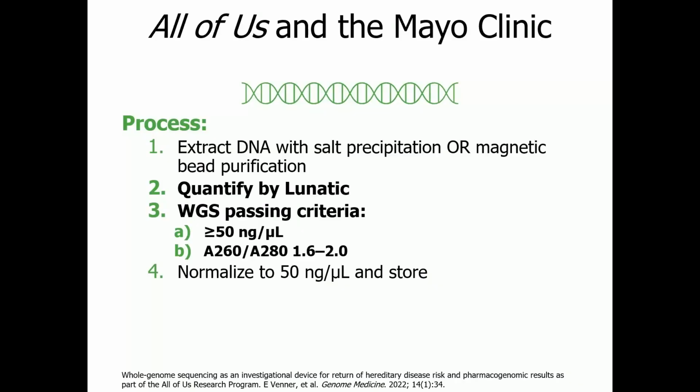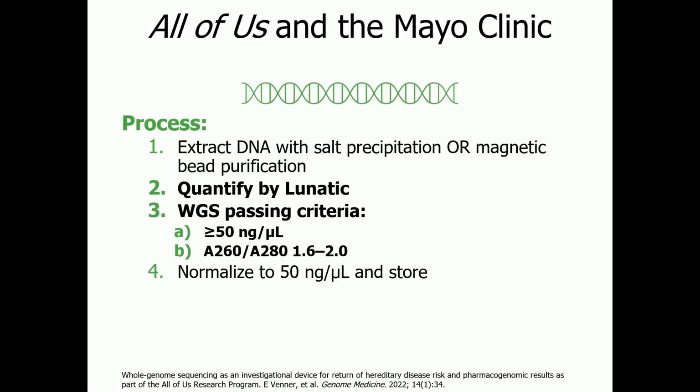Regardless of which one of these 2 purification methods were used, the DNA was quantified by Lunatic, and if it passed the whole genome sequencing criteria, it was normalized to 50 nanograms per microliter and stored, as well as went through that WGS step. Those passing criteria were a concentration of DNA greater than or equal to 50 nanograms per microliter and an A260 over A280 ratio between 1.6 and 2.